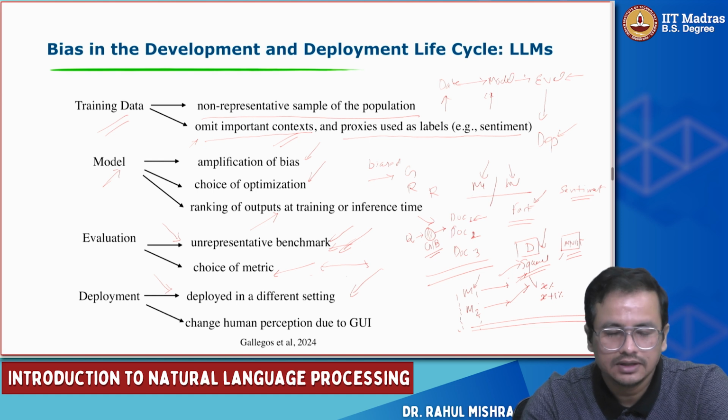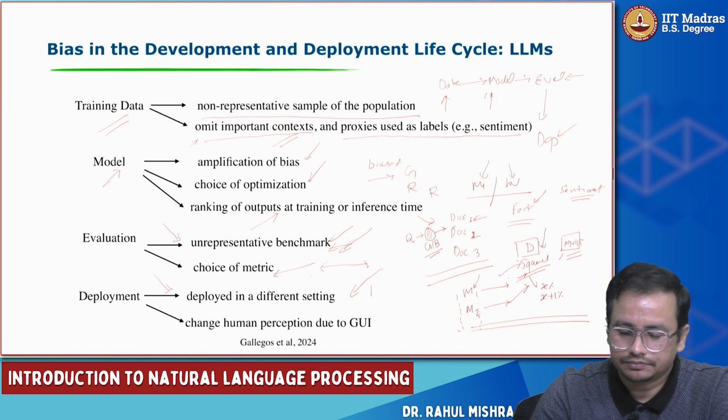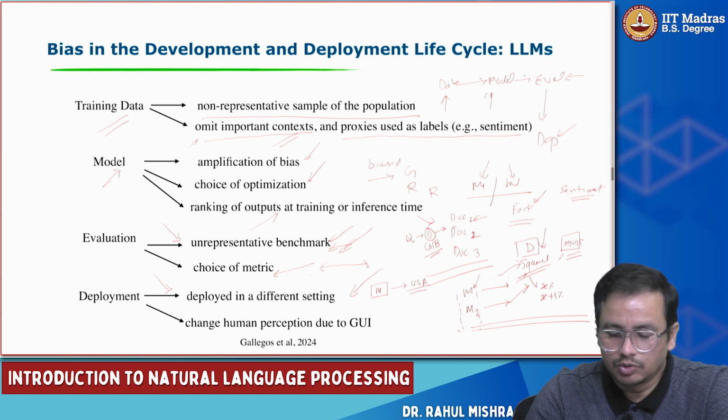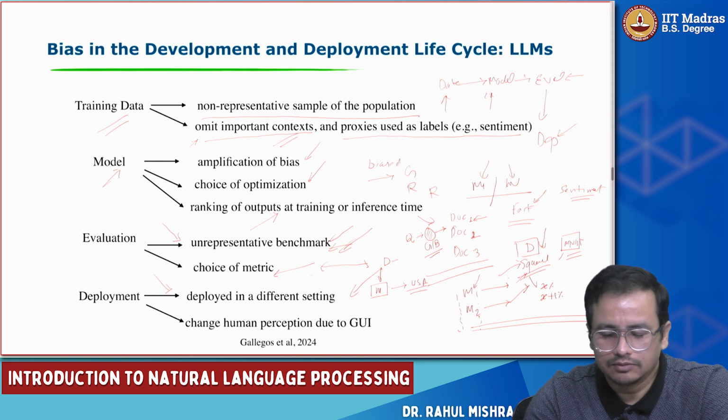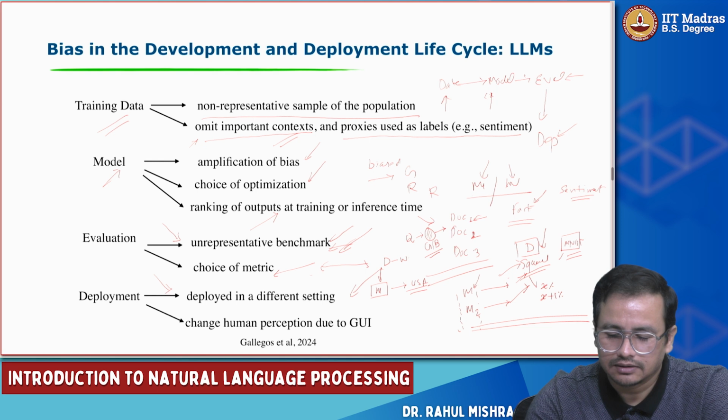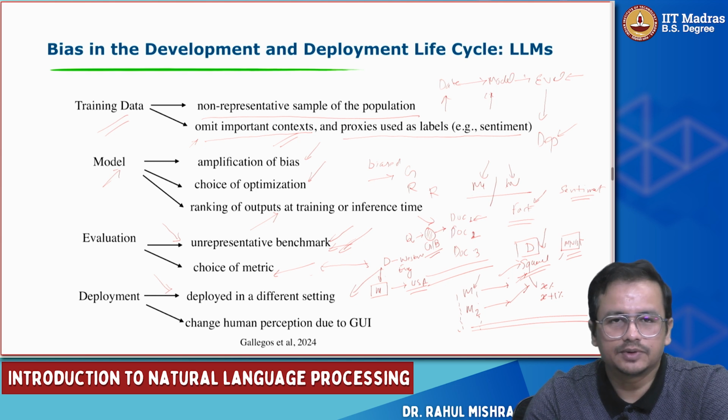Deployed in different settings, right? So let's say a model is trained in USA, and this could be a chat model. This model is using some data, and most probably it will be Western data, so English data, Western world data, and it will not have representation of all possible nuances and patterns related to India.